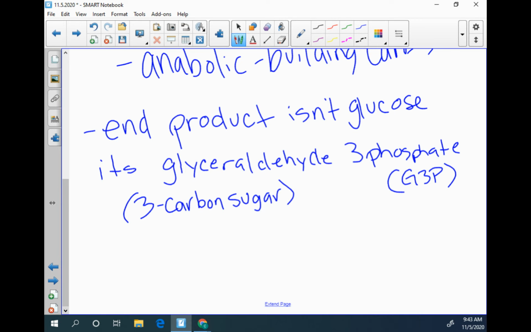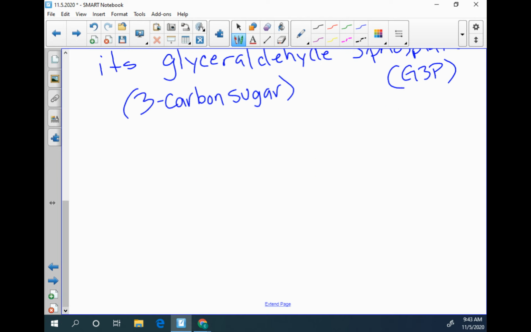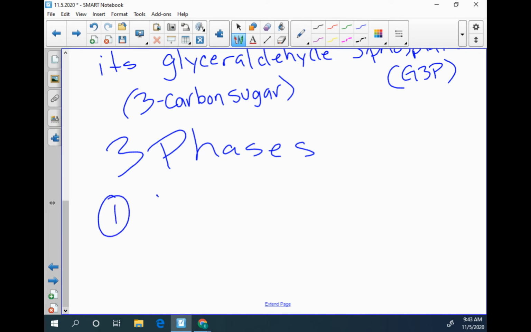And we get from our carbon dioxide to G3P in 3 different phases. So the Calvin cycle has a lot of different steps, and we will touch on some of them. But it happens in 3 phases. Phase number 1 is carbon fixation. Carbon fixation is taking carbon dioxide out of the atmosphere.